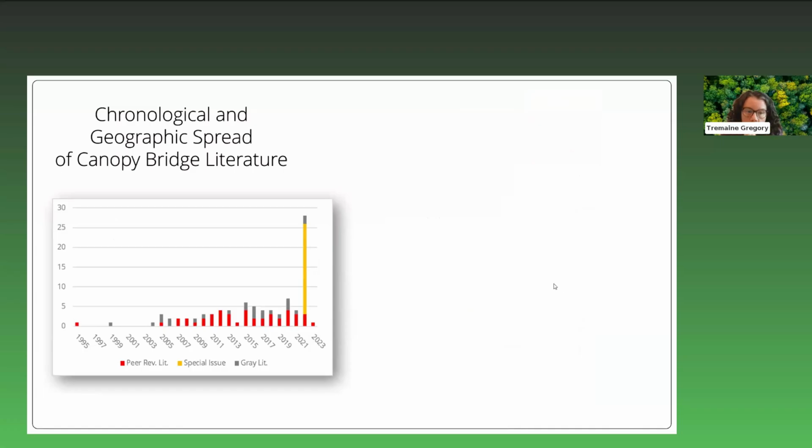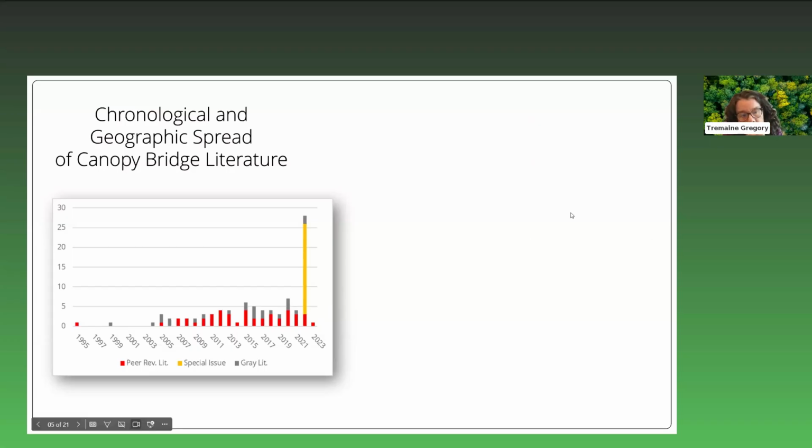So I just wanted to show a little smattering of the literature on canopy bridges. This is data we looked at a couple of years ago, in 2022 when we compiled these data, and we were looking at the number of canopy bridge papers written yearly, and we realized that very little had been written.